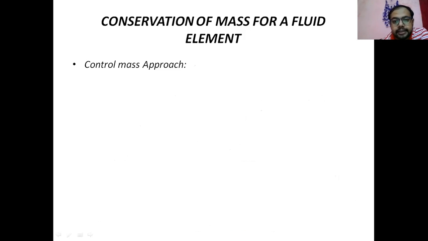So we are rewriting: del rho by del t, 1 by rho, plus 1 by V, dV by dt.